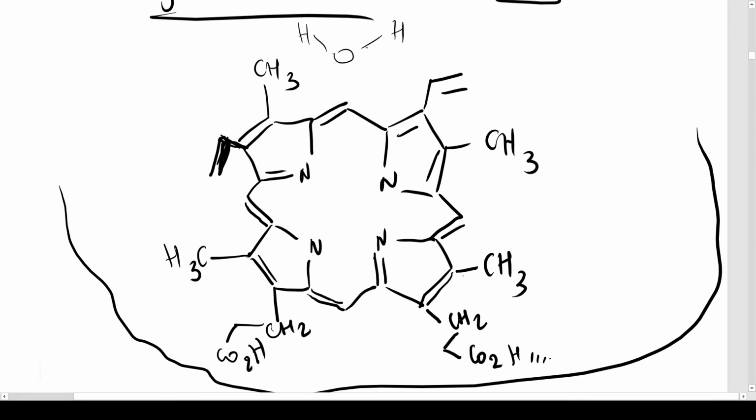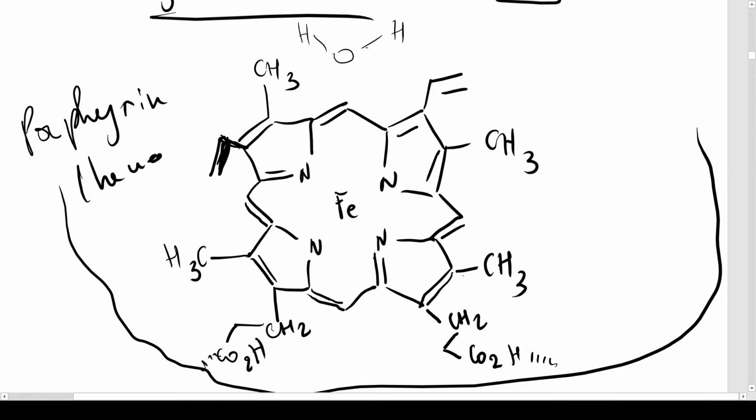So one thing, you can see that this porphyrin, the heme, you have an iron and a cysteine, apical.